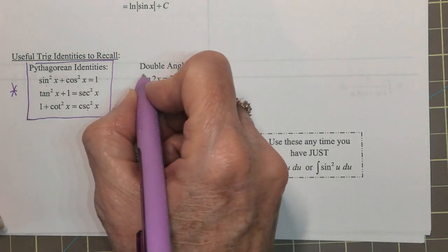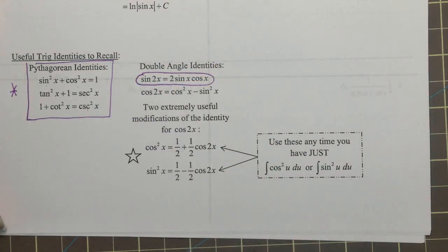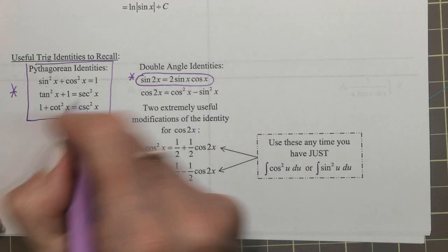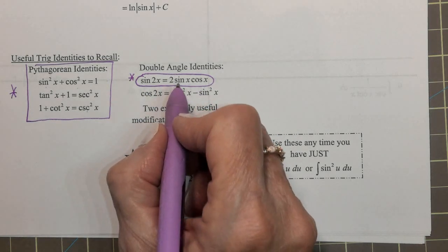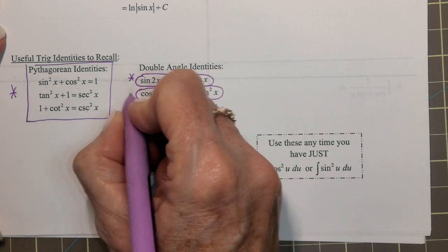Let's review the double angle identities. Here is the double angle identity for sine of 2x. It's been a long time since we've done that. It's been about a year since you saw that in pre-cal. Okay, this one is used, but not as much as this one for us. And I'll tell you why.